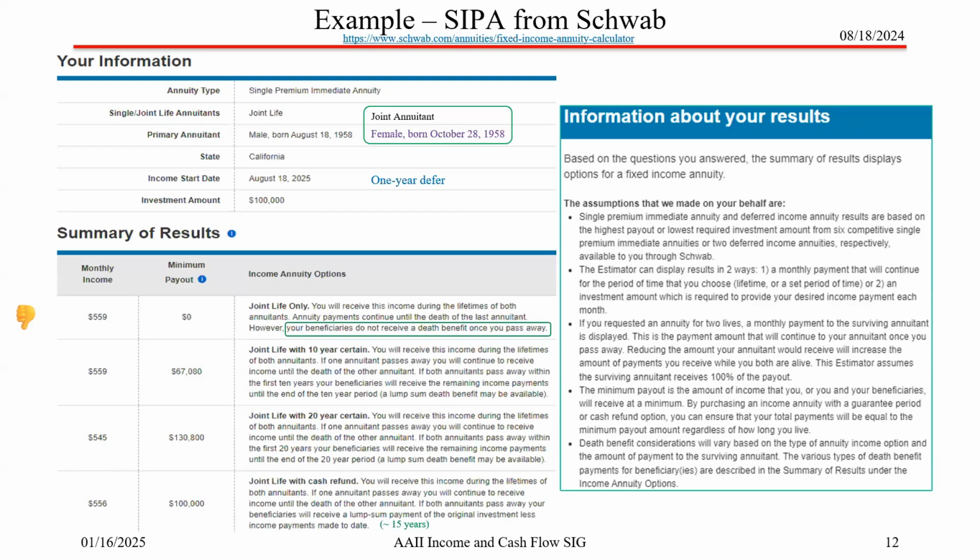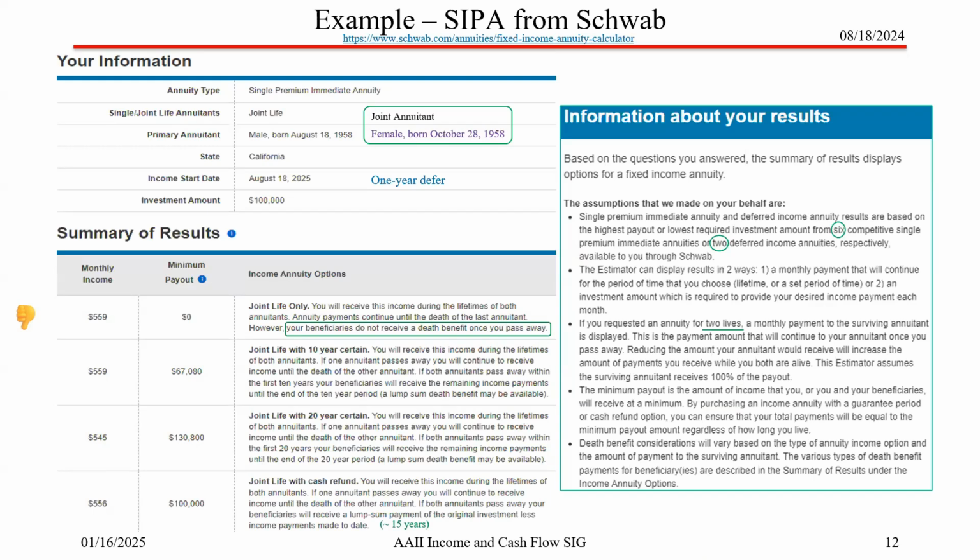One reason is they took 6 competitive SPIAs and 2 deferred income annuities to come up with this average number. Also, this is for two joint lives, so you should know that.